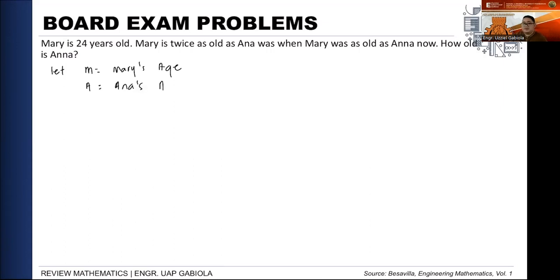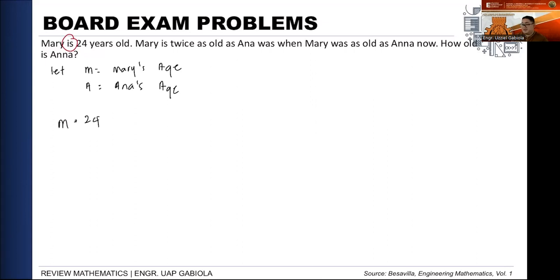Okay? So, first statement natin, Mary is 24 years old. So, is yung ginamit. No? Pag is, yan ay present. Okay? Is yung ginamit. So, sabi niya, M is 24. Ayan yung unang statement niya.